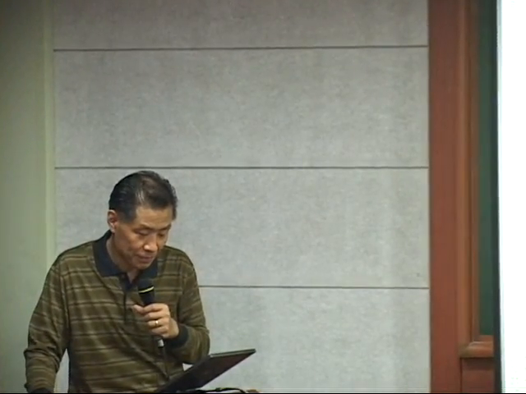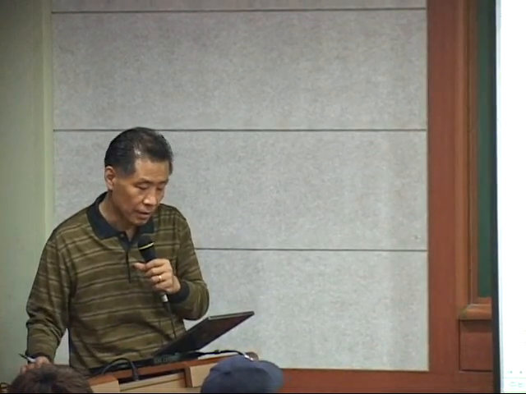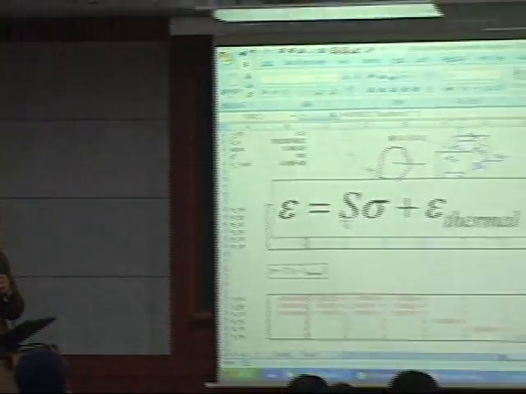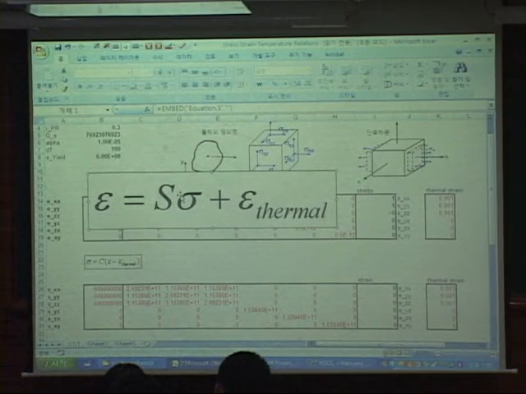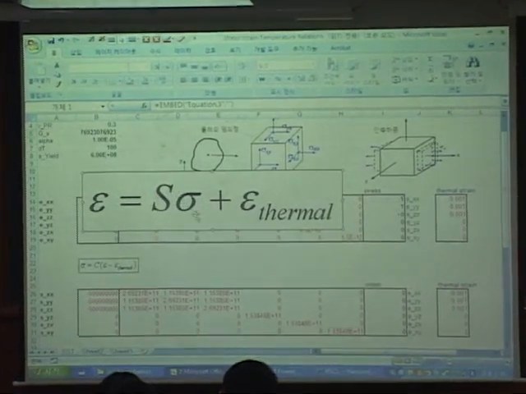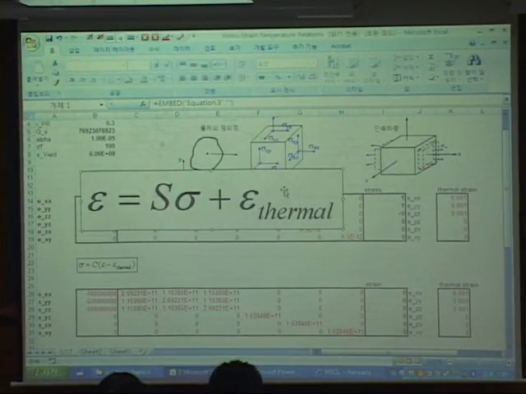Okay? So anyhow, the key point is this equation: strain equals S times stress, S is 1 over E conceptually, plus a thermal strain.